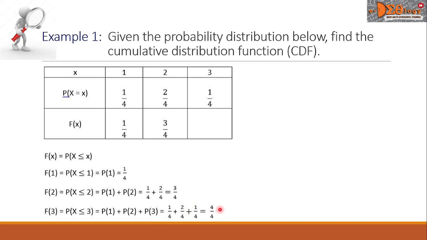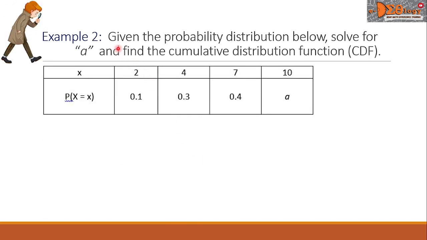And the sum is 4/4, which we can simplify into 1. And this value we're going to write in here. Take note that this capital F of 3 is the last value. And for all the computation, this must always be equal to 1. This is the final answer.